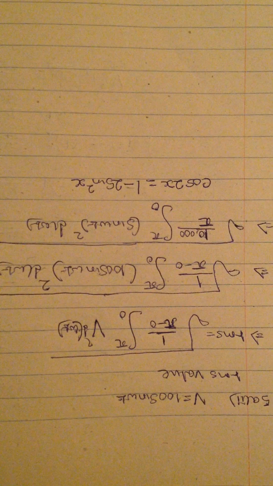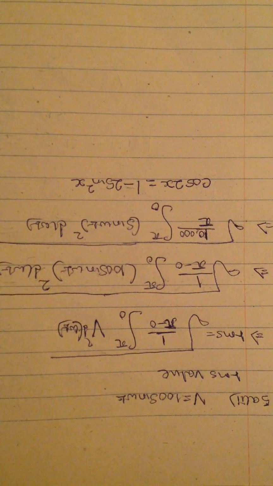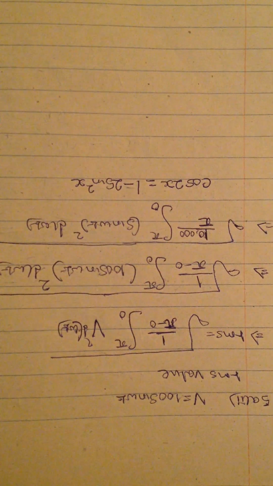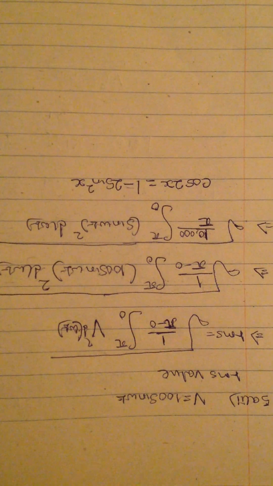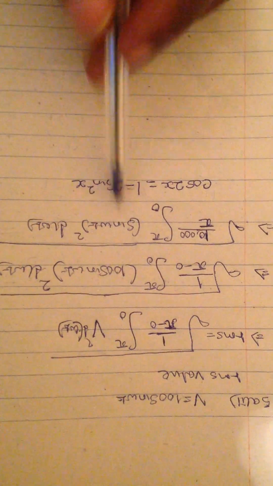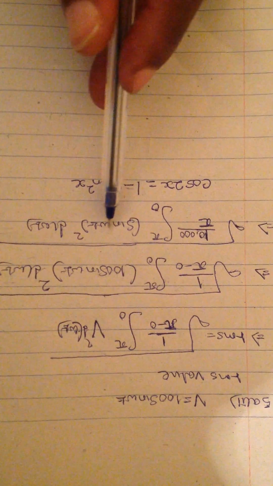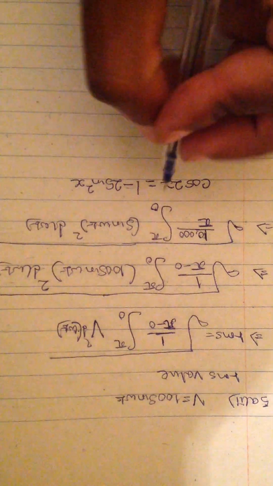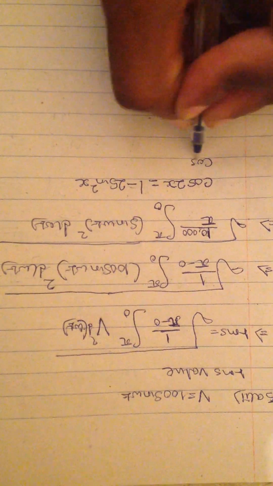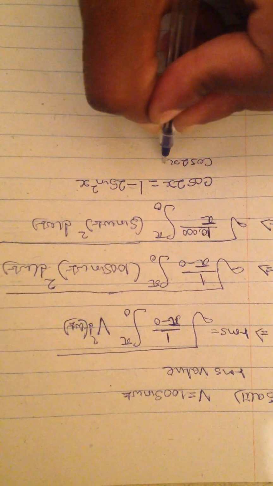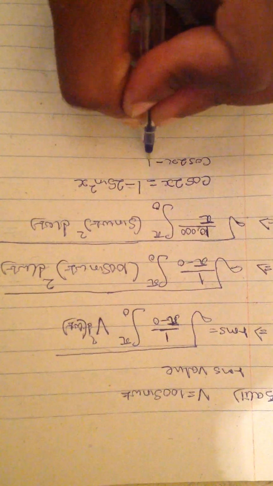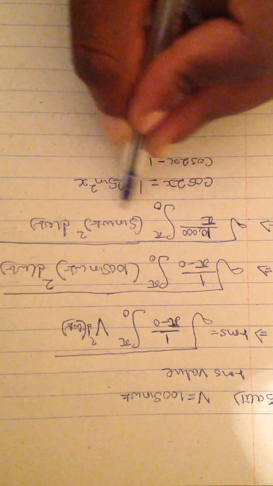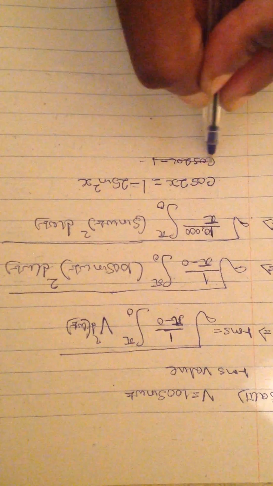So here we can do what? We can make 2 sine squared x the subject of the formula, because we are having it here. This is sine squared omega t. Let me just try to make it simple. This one comes this side, and this comes this side, so that we don't confuse anyone.